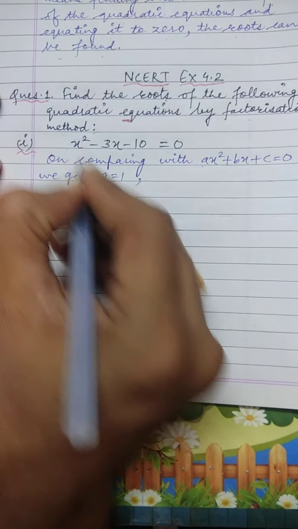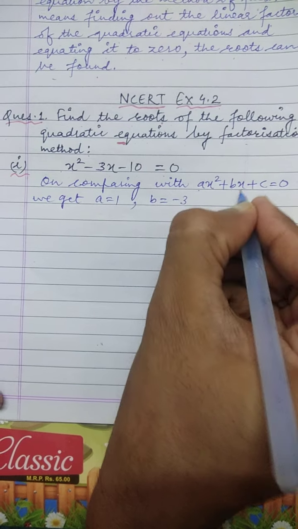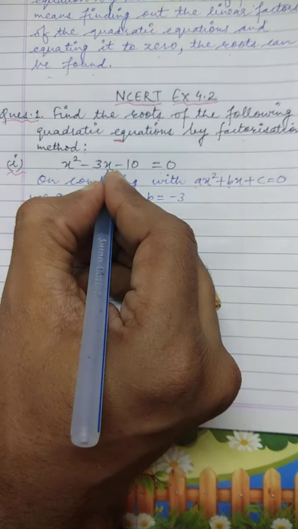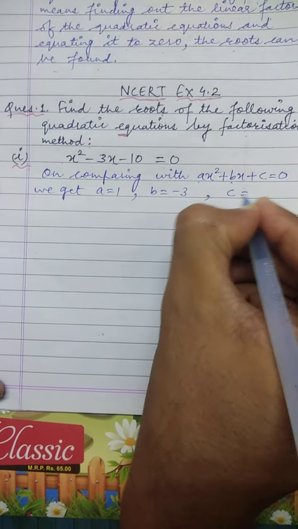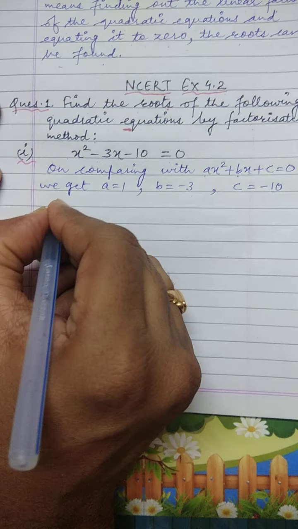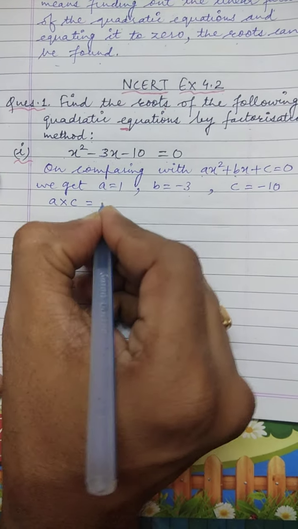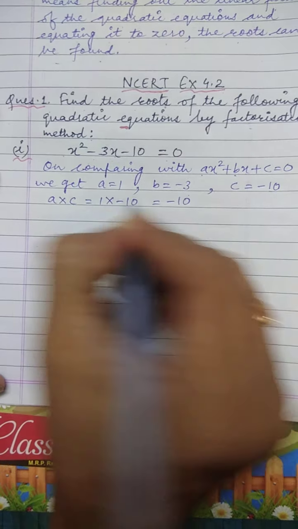Here the coefficient of x square is 1. B is equal to minus 3. B is the coefficient of x. Here the coefficient of x is minus 3. And c is your constant, and the constant is minus 10. So the product of a and c is 1 multiplied by minus 10. You will get minus 10.